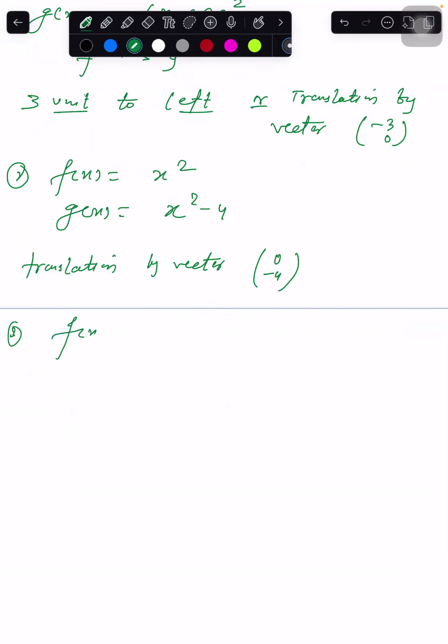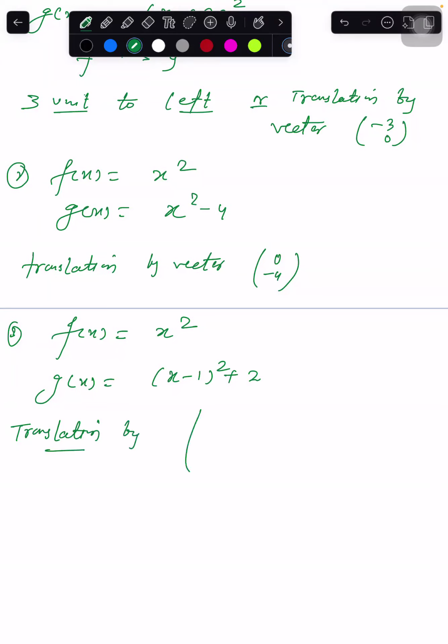Let's take the last one. You have f of x equals x square and g of x is, let's say, x minus 1 the whole square plus 2. Can you say the transformation? Translation by vector 1 and 2.